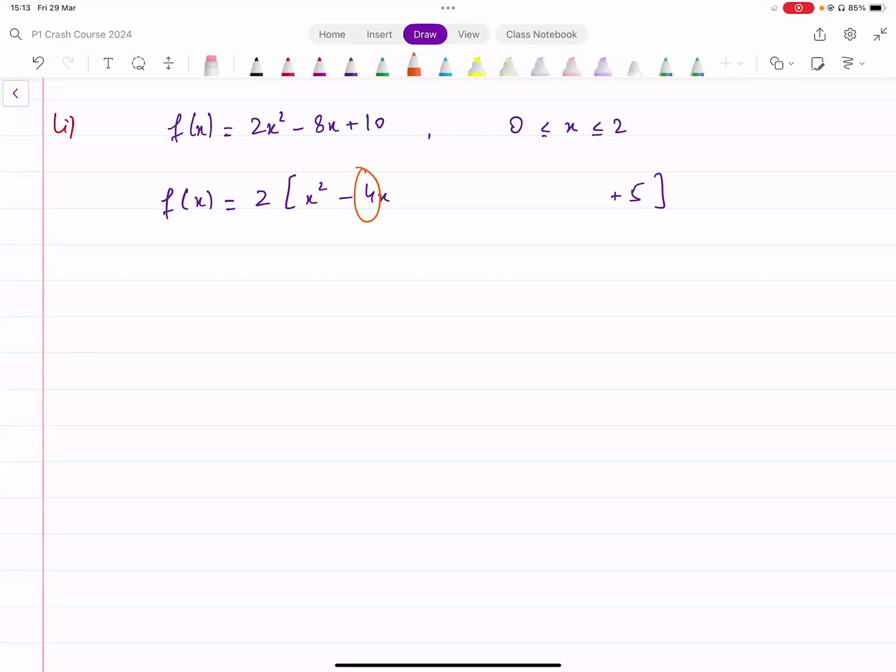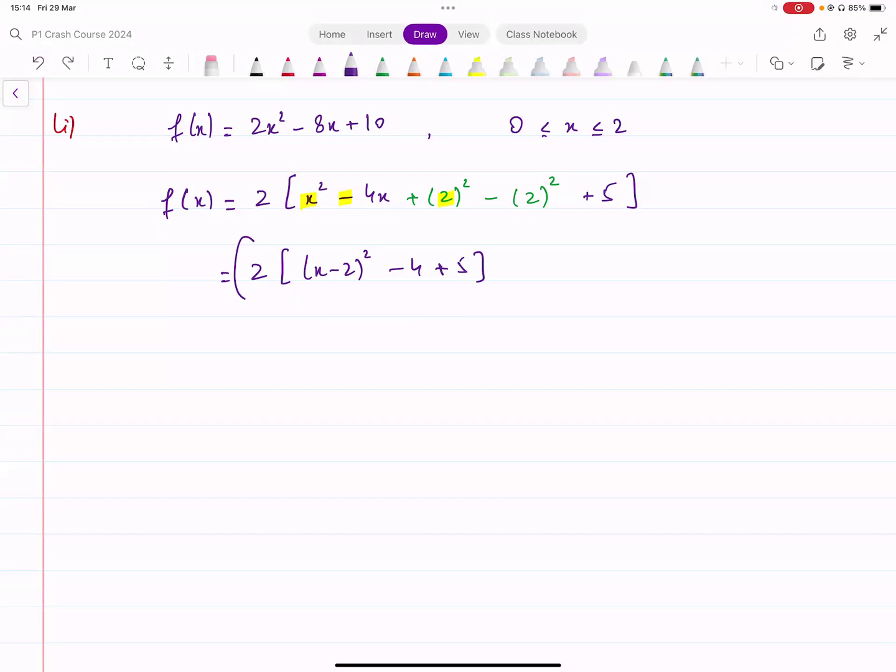Now you divide 4 by 2. What does that give you? 2. Add 2 squared and also subtract 2 squared, and that will give you a perfect square. From the first 3 terms, you have x minus 2 whole squared. That becomes 2 into x minus 2 whole squared minus 4 plus 5. Remember, this whole thing is inside bracket for now. 2 is common outside.